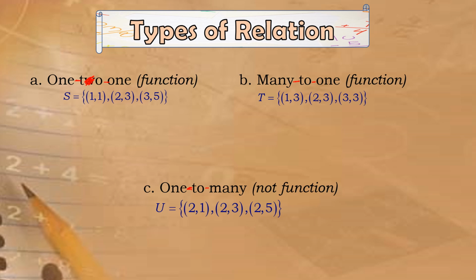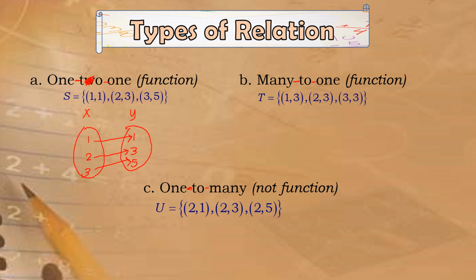As you can see, if we will draw this in an arrow diagram, so the values of x are 1, 2, and 3. And the values of y are 1, 3, and 5. So as you can see, 1 is only for 1, 2 is only for 3, and 3 is only for 5. So there is 1 value of x corresponding to 1 value of y. That is a one-to-one function.